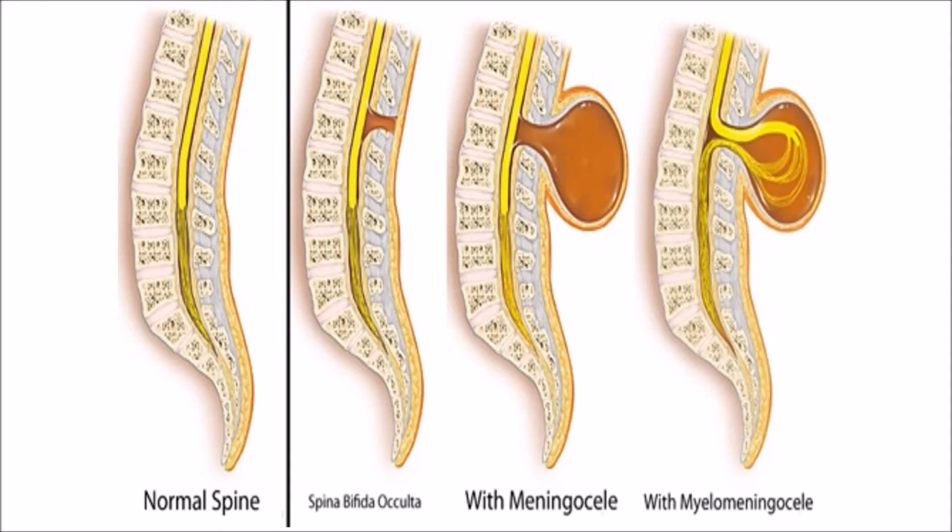In the meningomyelocele, or the myelomeningocele as we call it, there will be protrusion of the meninges as well as the neural tissue, which is the spinal cord, out of the spinal column, and there will be a CSF-filled cavity outside the spinal column. So these are the three different types of spina bifida: spina bifida occulta, meningocele, and myelomeningocele.